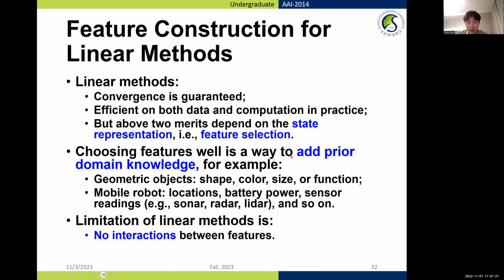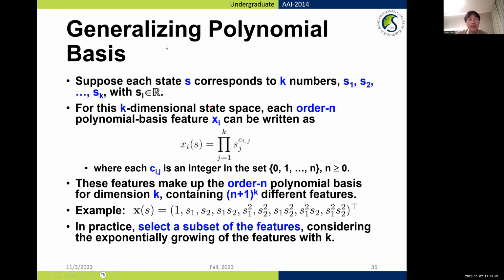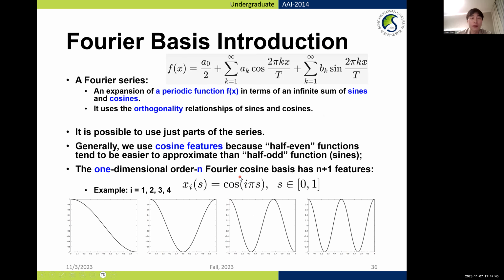So going back, continuing, this is about the polynomial basis. Then there's another type called the Fourier basis function. The Fourier basis function comes from the Fourier series, which you can search for. It's an expansion of a periodic function f(x) in terms of an infinite sum of sines and cosines.